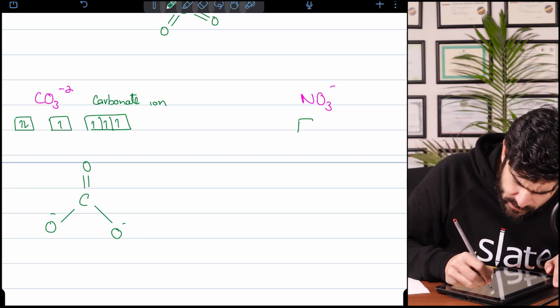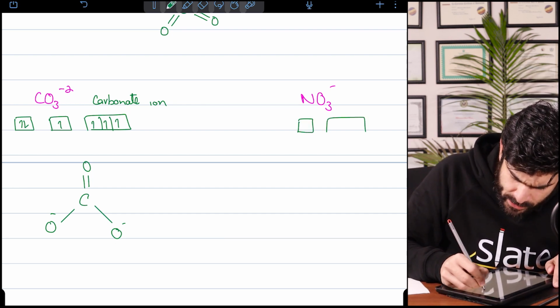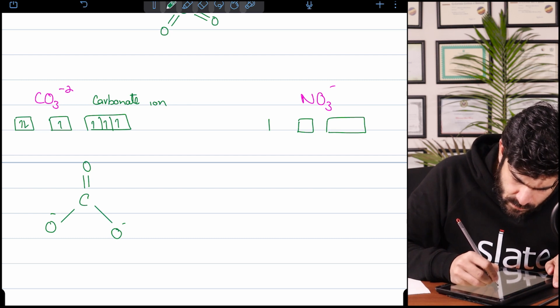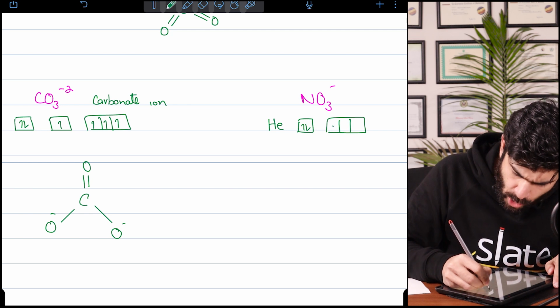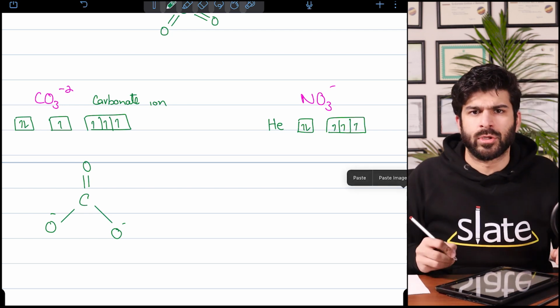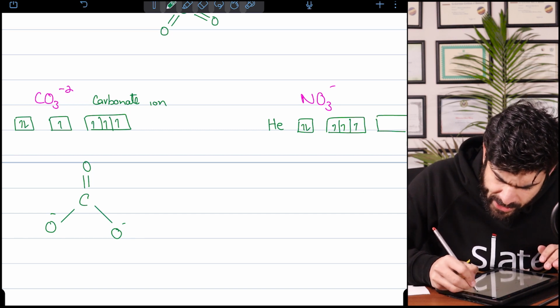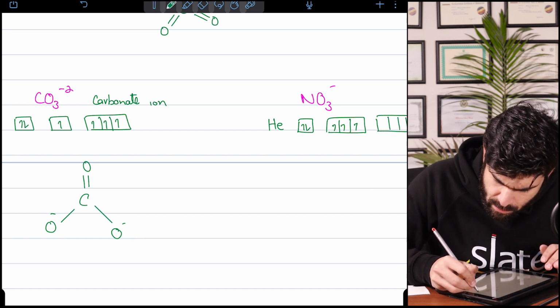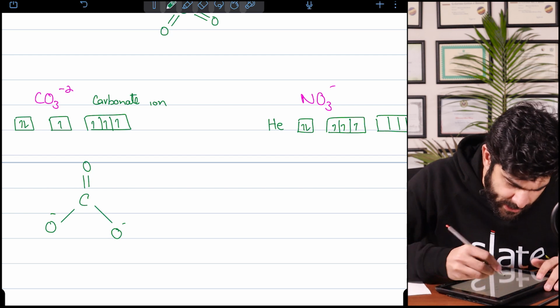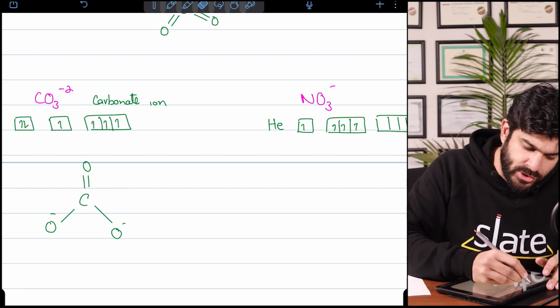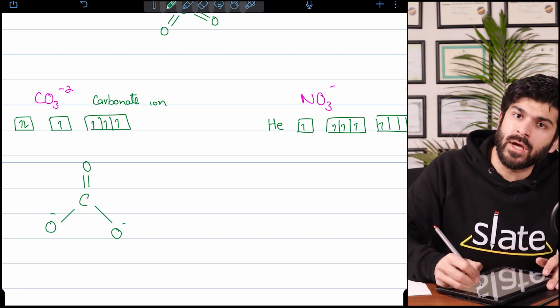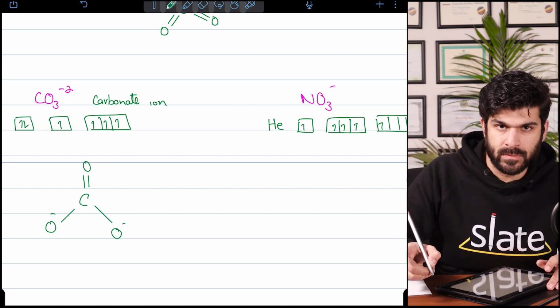Nitrate ion. So nitrogen exists this way. What do we see? Just 3 electrons. But in a nitrate ion, there is going to be excitation. And this electron will go here to the d orbital, d subshell.